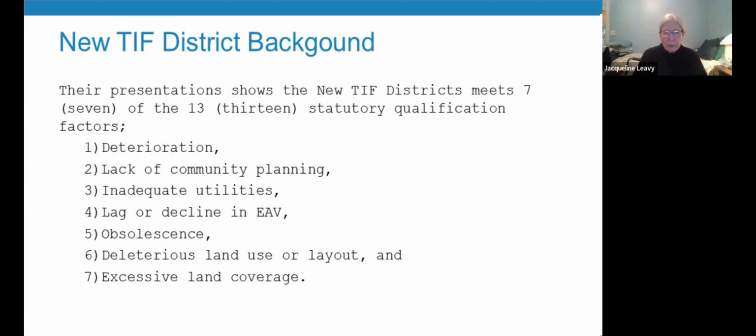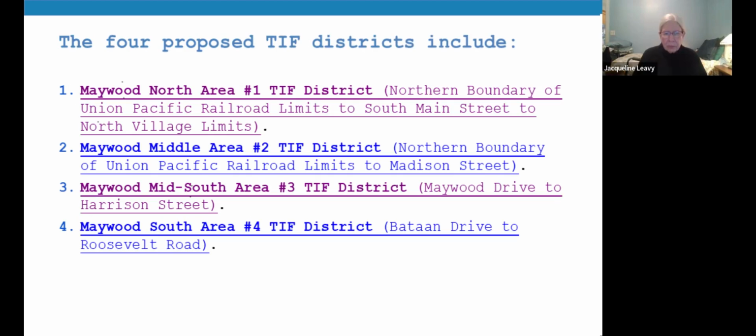Now, citizens, once you take a look at these maps, and Jeff is going to share some of the hyperlinks so that you can see for yourself the actual areas that they're proposing for these new TIF districts, you have to ask yourself, as Mrs. Leavy is stating, sometimes they're, I can't say embellishing, but they're stretching our imaginations to cover our community.